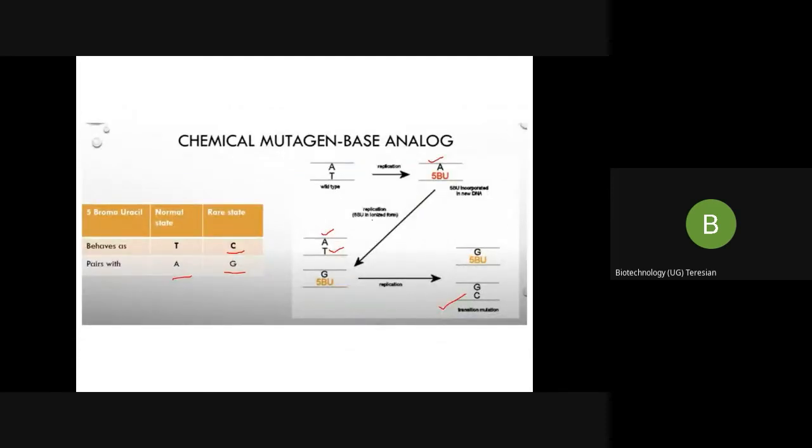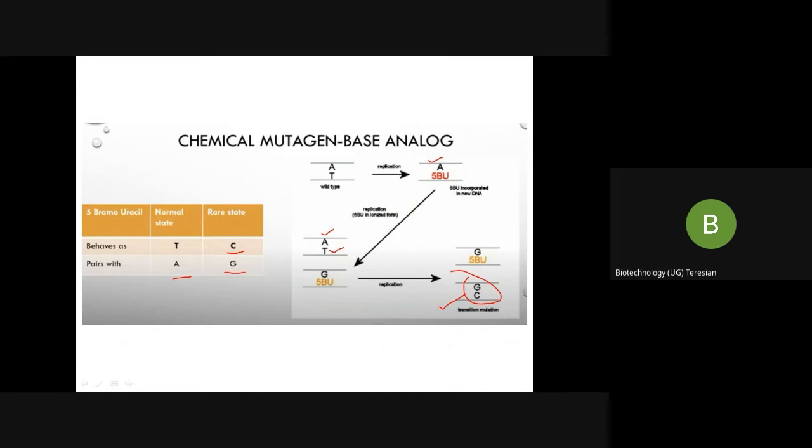So what has happened is we started with AT and we have ended up in GC just because of this base analog bromouracil, which has mimicked a thymine. In a normal state, it can behave as a thymine and pair with adenine.